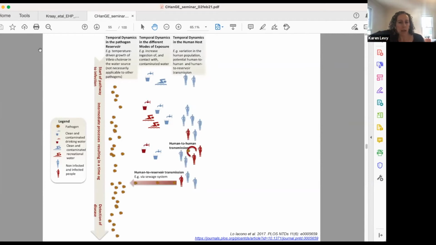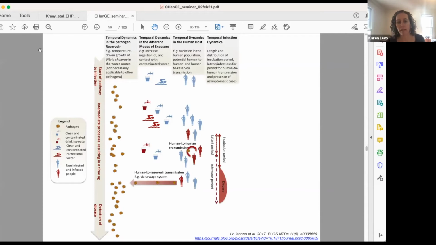And then you also have different temporal dynamics in the host. People are differentially vulnerable to disease at different times of the year, for example, or different densities of the population. And then there are all of the different temporal infection dynamics that affect how people respond to the disease.